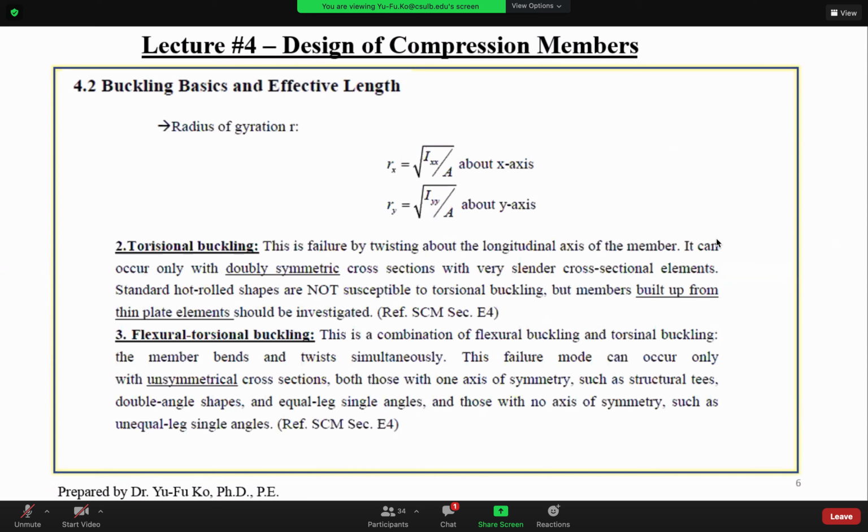Second, torsional and flexural torsional buckling we are not going to cover in this class. They rarely happen in reality because we try to avoid these two buckling modes as much as we can. So typically they will not happen in practice. So we'll focus on the first buckling, which is flexural buckling.